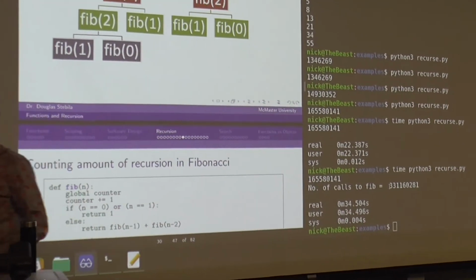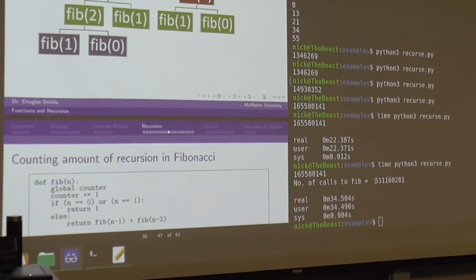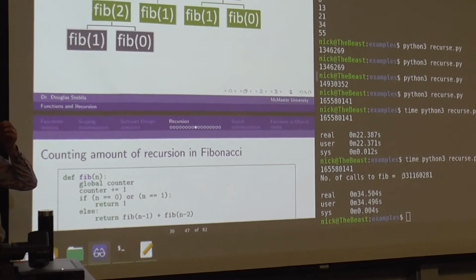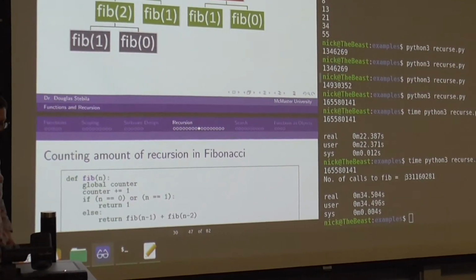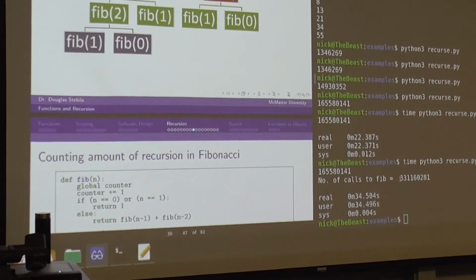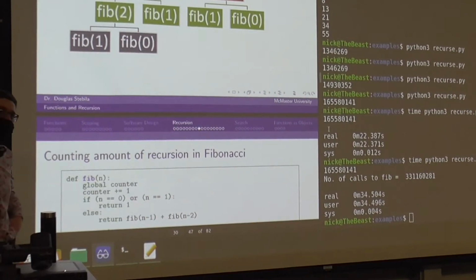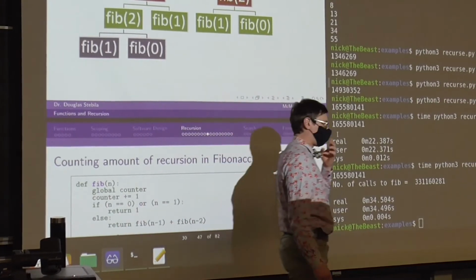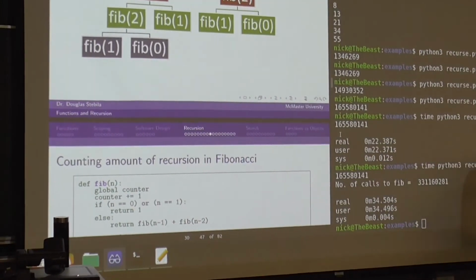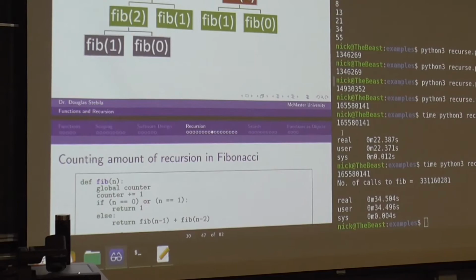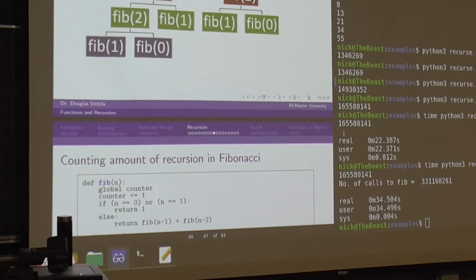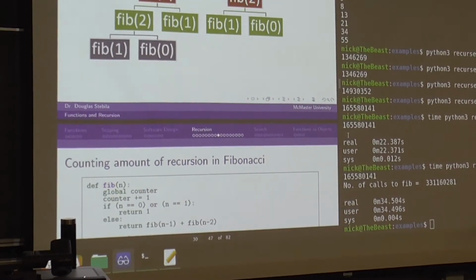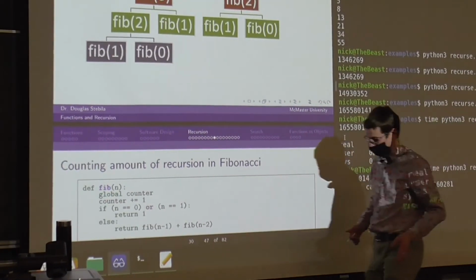So a third of a billion calls to that function in order to calculate the Fibonacci number of, what was it, 40? 40, yeah. So that's a bit extreme, eh? One might say there's not a third of a billion numbers between 40 and 0, you know? That's perhaps the safest statement I've ever made in this class.